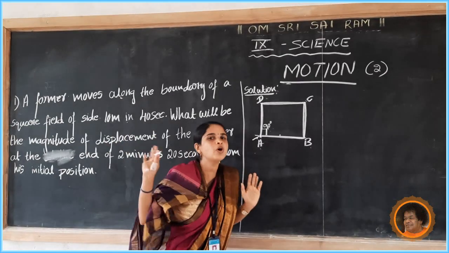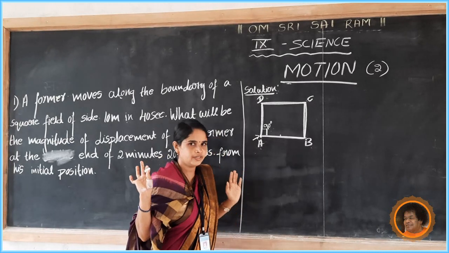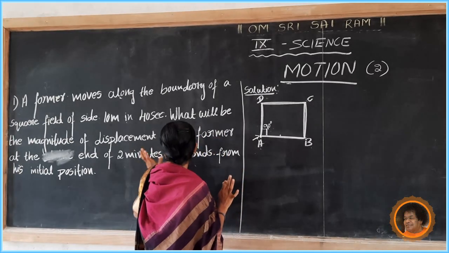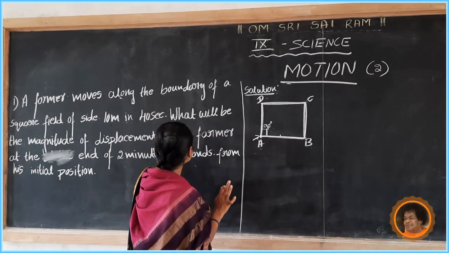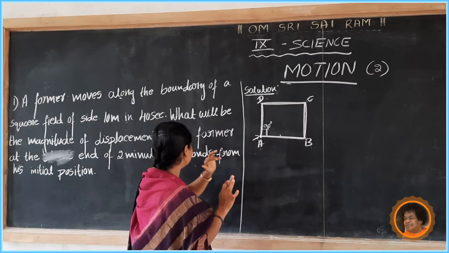It is given in the problem. Then calculate the magnitude of displacement of the farmer at the end of 2 minutes 20 seconds.